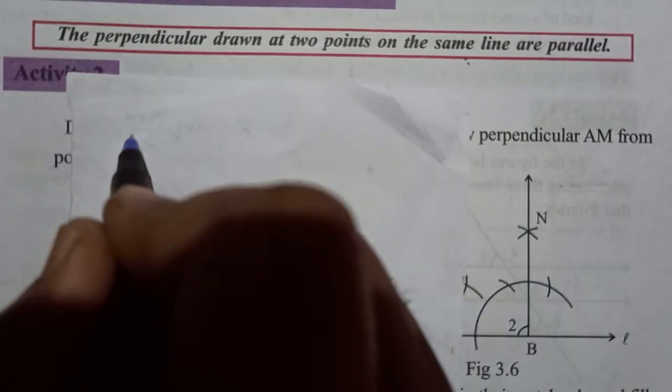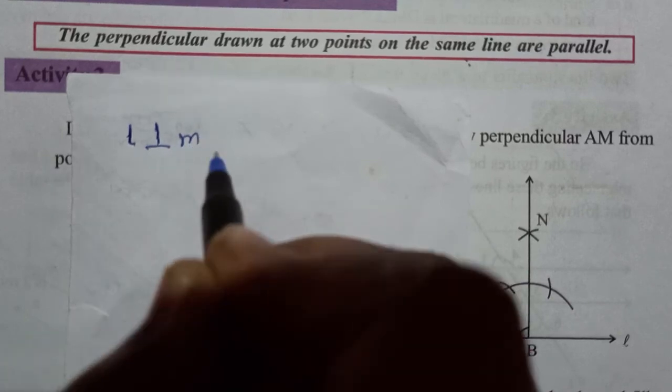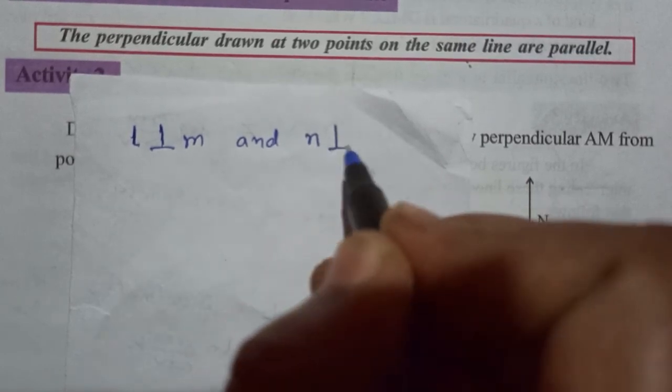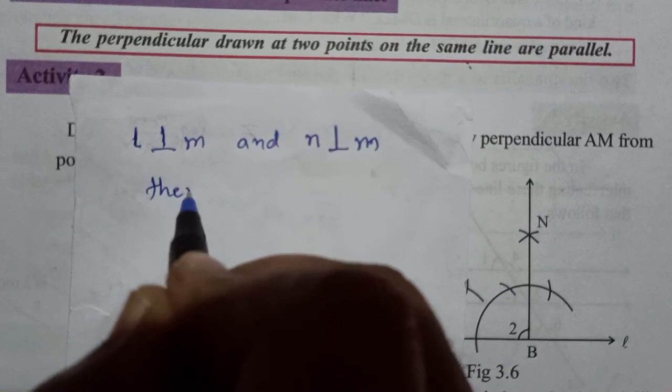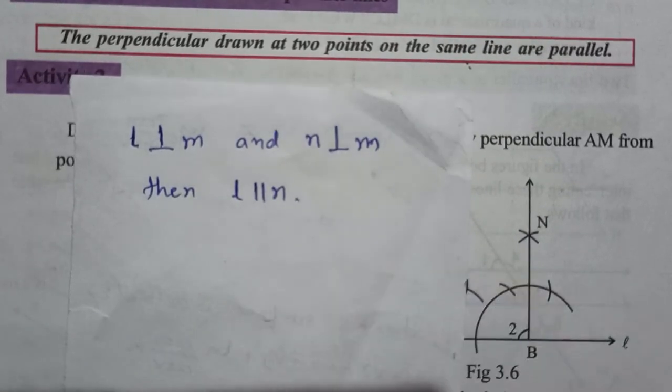That means if L is perpendicular to M and N is perpendicular to M, then L is parallel to N.